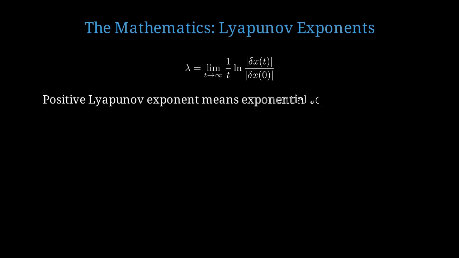A positive Lyapunov exponent means fluid elements separate exponentially fast. This is chaotic mixing. The mixing time is proportional to 1 over lambda times the natural log of the Péclet number. This is far superior to diffusion or even turbulent mixing. In recirculating droplets, the Lyapunov exponent is approximately equal to the circulation rate. This gives rapid chaotic mixing.